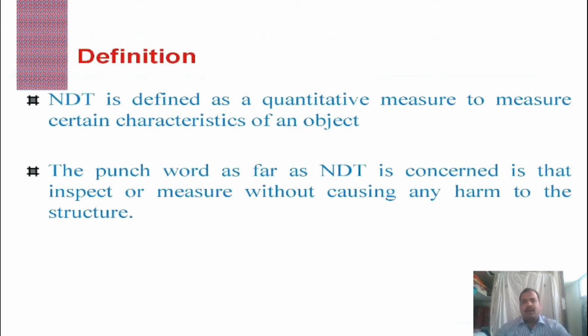Now, first of all, how can we define NDT? NDT can be defined as a quantitative measure of certain characteristics of an object, specimen, or any structure. In a nutshell, as far as NDT is concerned, it is to inspect or measure without causing any harm to the structure.